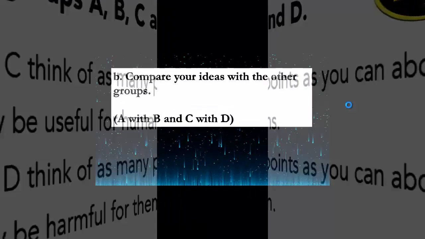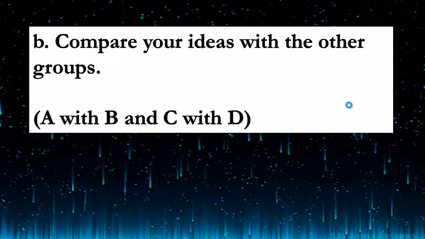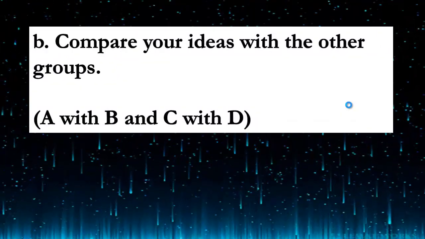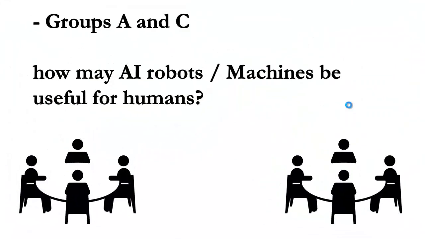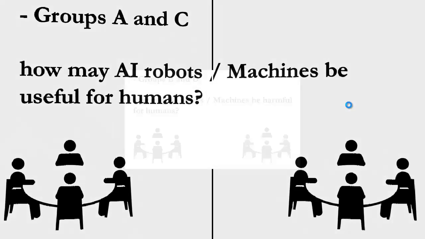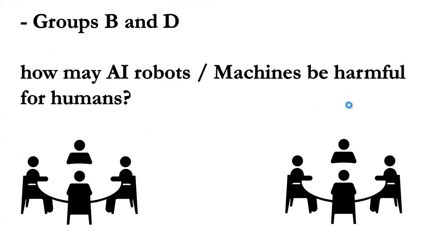Okay, now, my dear students, it's a discussion one. Compare your ideas with the other groups, A with B and C with D. Groups A and C, how may AI robots, machines be useful for humans? Okay, groups B and D, how may AI robots, machines be harmful for humans?